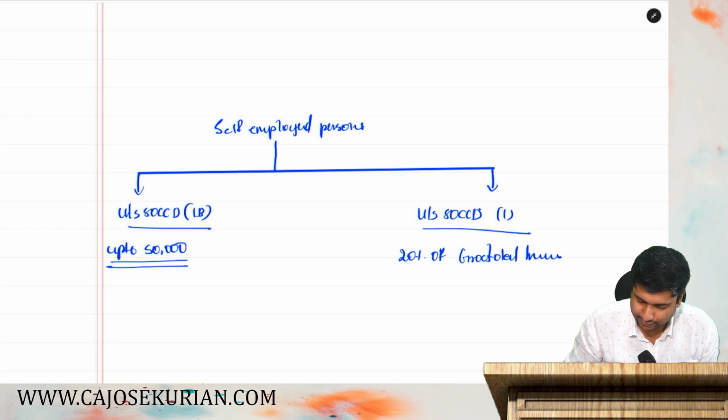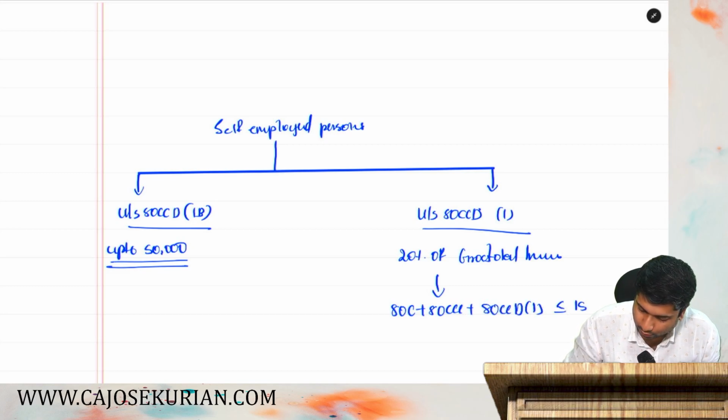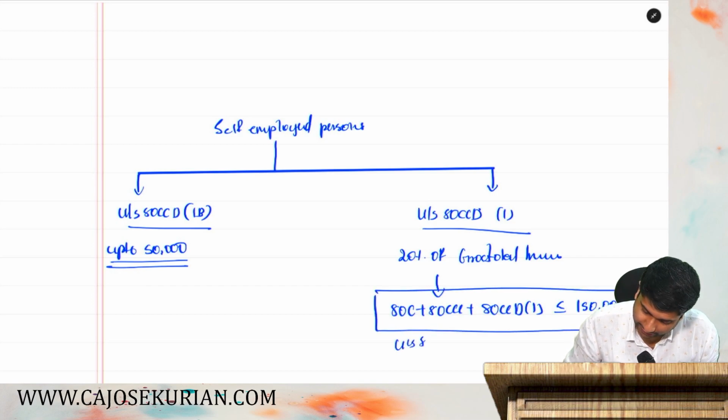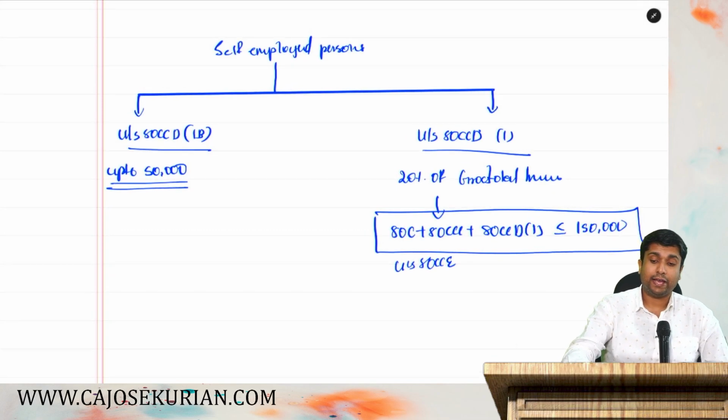These are the limits, and this is also subject to 80 CCE. What is 80 CCE? 80 C plus 80 CCC plus 80 CCD subsection 1 shall be less than or equal to 1,50,000, which is mentioned under 80 CCE.